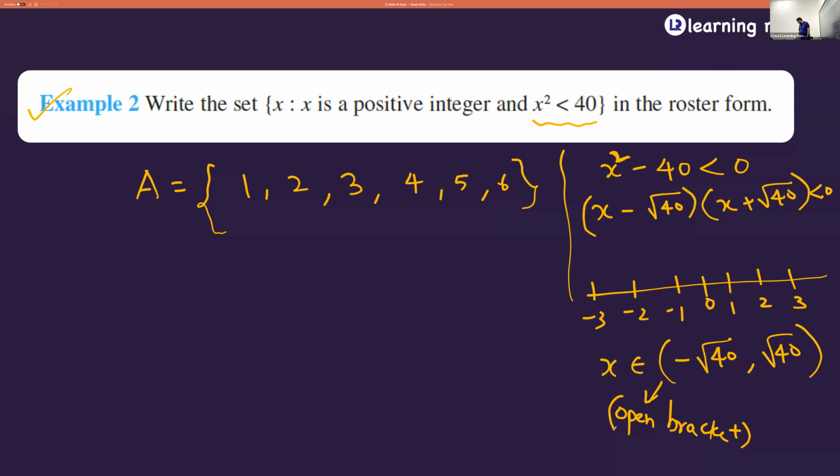Okay. So basically, when you see the word and, it is intersection. If you see the word or, it is union. Okay. Shall I proceed?